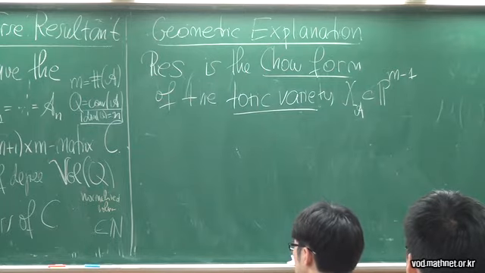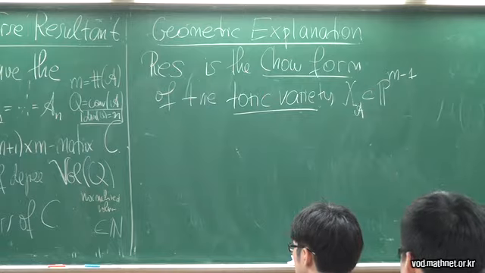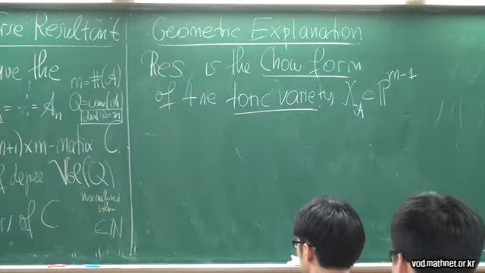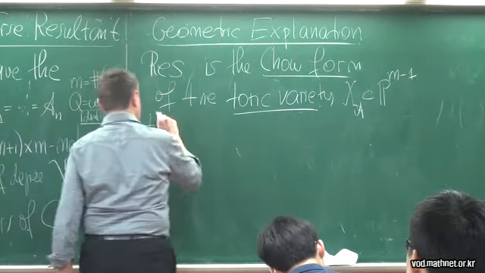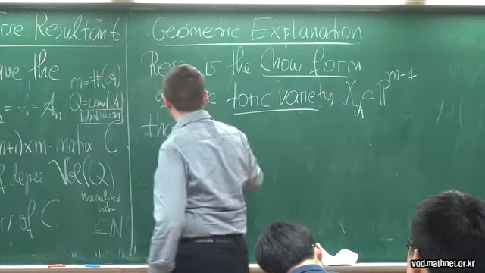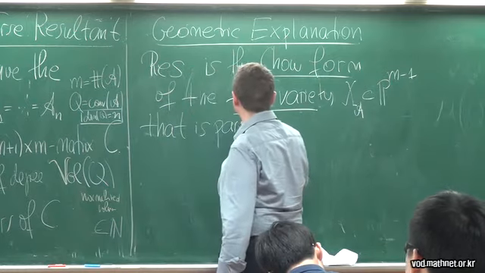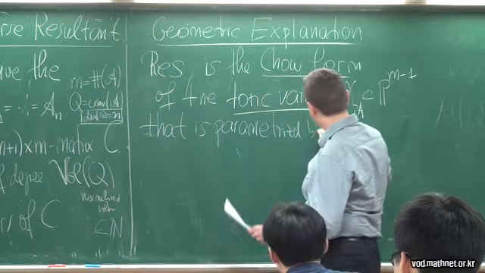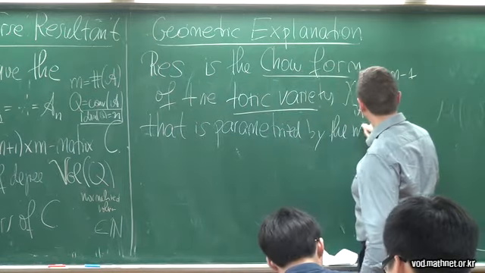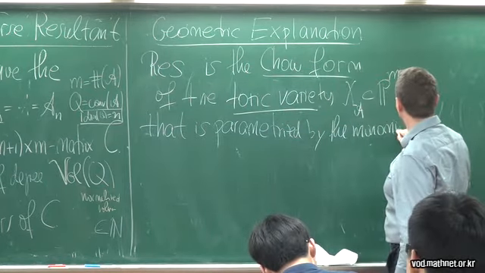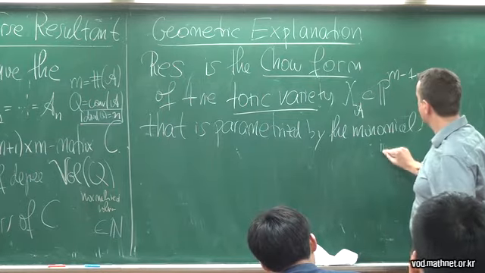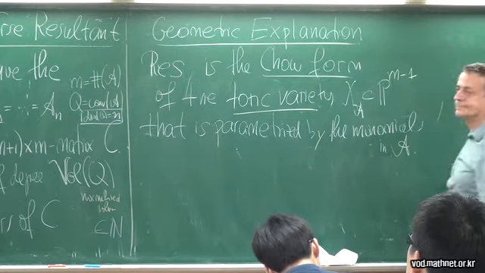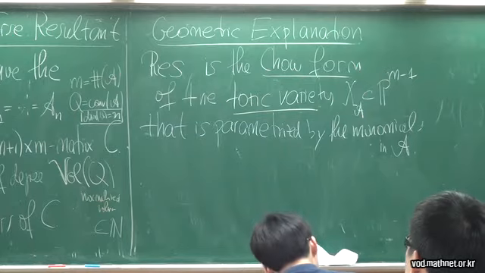And for me, a toric variety is an object parametrized by monomials. It's a variety parametrized by monomials. Which monomials? Well, the A monomials. So this is parametrized by the monomials, or Laurent monomials, in A. You look puzzled. What's A?